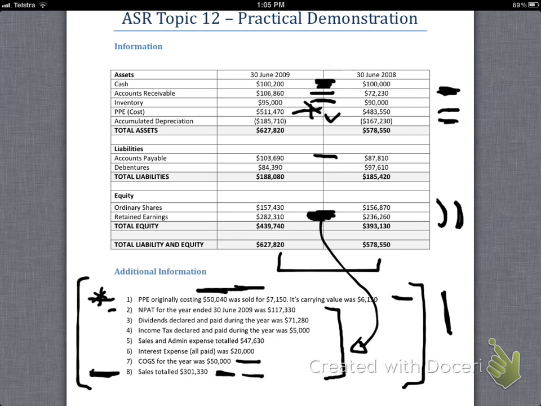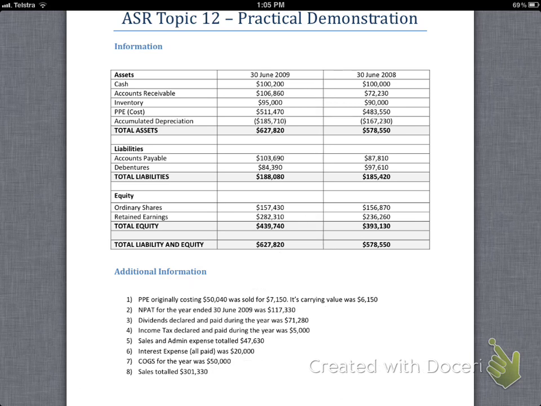So you can basically tick that off there and tick it off down here against the depreciation expense. Right, so what do we have so far? We've got accounts receivable together with sales is going to tell us something. We've got inventory together with cost of goods sold, and accounts payable is going to tell us what's happening with suppliers. Property, plant, and accumulated depreciation will be explained partly by this sale and partly by the depreciation, which we can work out.